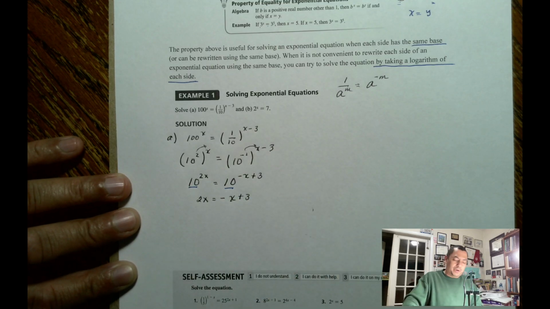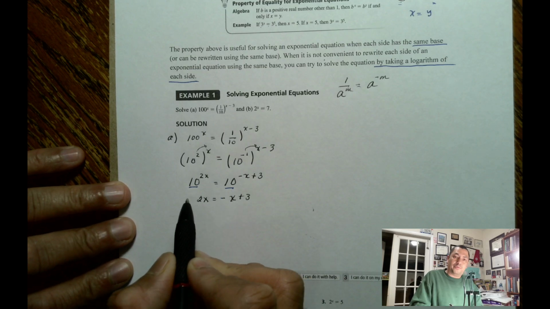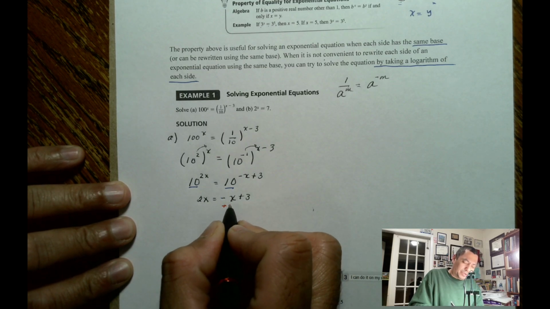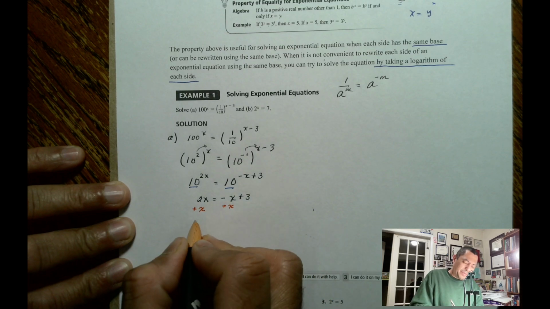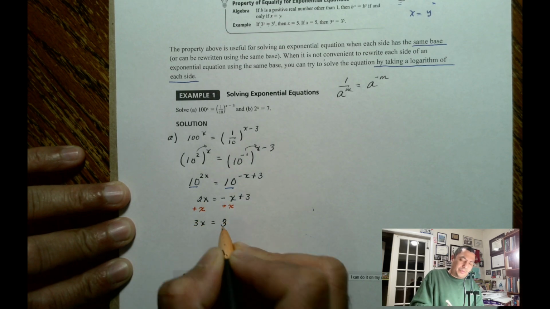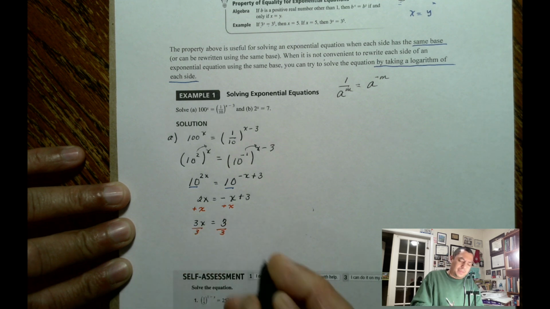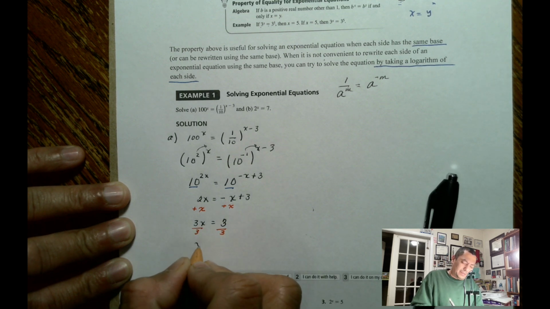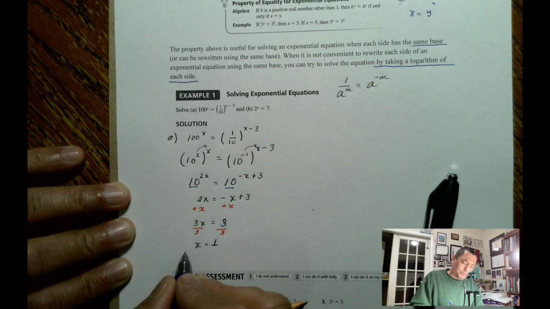Now we just solve the equation. I'm going to move my variable to the left, so I'm going to add x. So I have 3x equals 3. Then we divide by 3, so x is equal to 1. This is the solution for my example A.